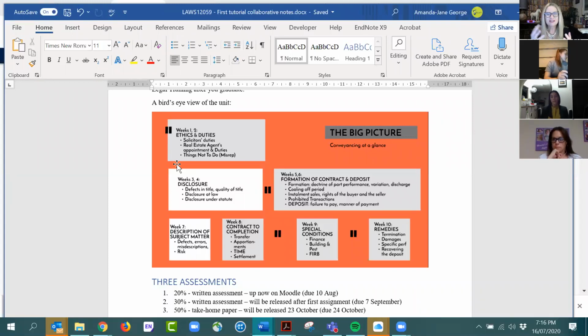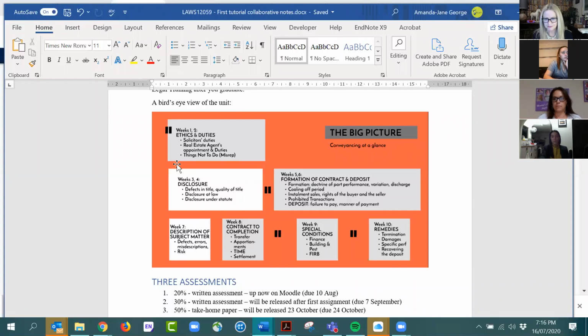But for some reason, they haven't done that with this text. And so what we have is a nice little foundational couple of chapters at the beginning, ethics and duties, and a little bit of revision of the Australian consumer law there. So that makes sense. Then we've got weeks 3 and 4, disclosure.